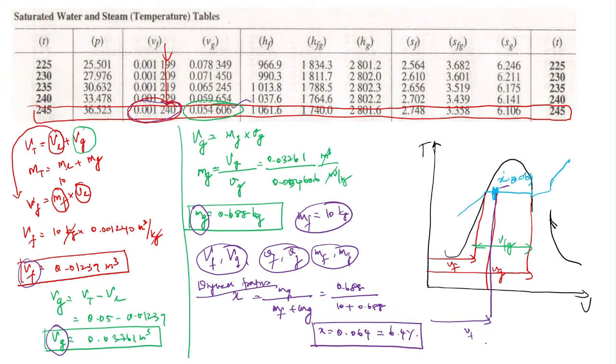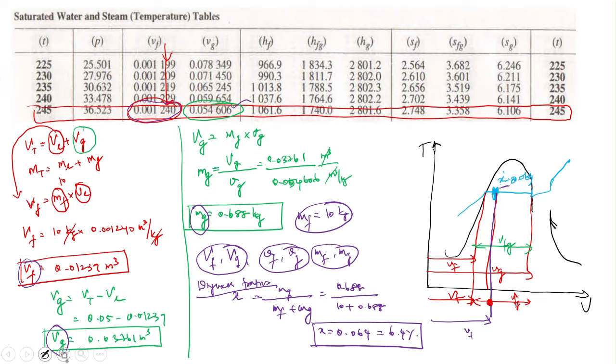How can we find it? Already you know the value Vf, and you know Vfg, but you are going to find only some part of Vfg.